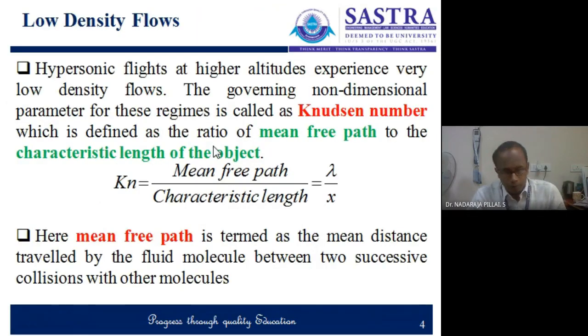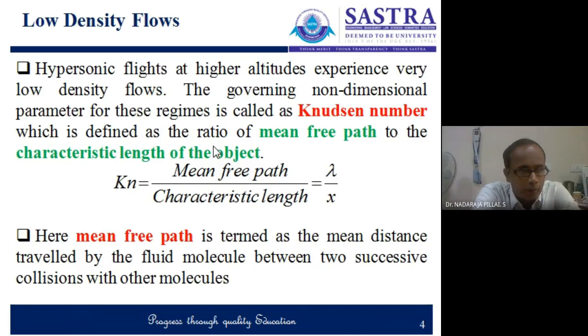Basically we know that hypersonic flight usually happens at high altitude, even though for missiles it also happens at low altitude. In general, with increase in altitude the density keeps decreasing, as we studied in the international standard atmosphere in the introduction to aerospace engineering.